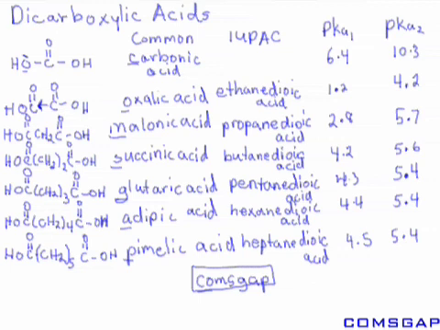Now I want to keep one of the carboxylic acids, which is succinic, and so I'm going to rub these off and do a comparison now with a couple other carboxylic acids.